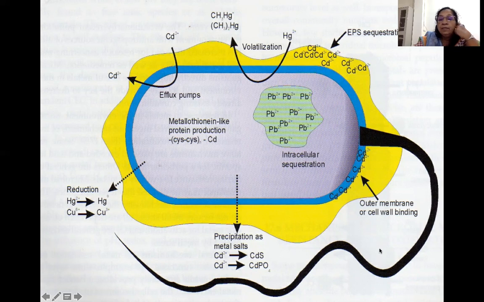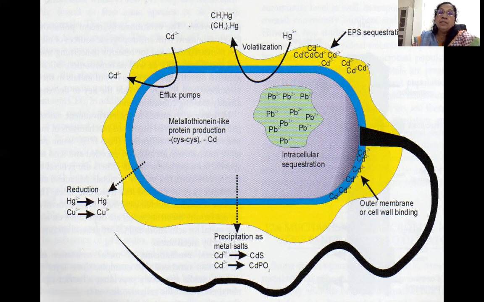The black is the flagella, and the yellow is the extracellular polymeric substances that are produced by certain microbes. Not all microbes. Certain microbes can produce certain polysaccharides. Actually, this is produced to prevent the microbe from dying against desiccation in adverse conditions of water unavailability. The extracellular polymeric substances, or the sugary substances produced by the microbes, prevent the cell against desiccation.